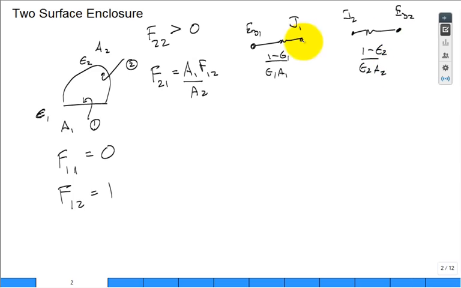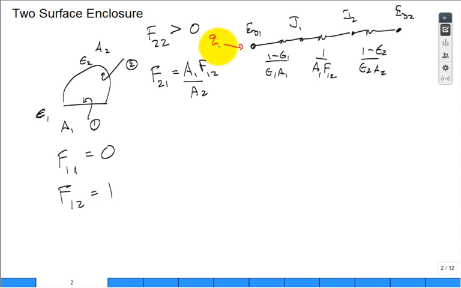And the last one is a geometrical one, how well they see each other. If you didn't have the emissivities, if both surfaces were black, this is the only resistor that would be in the network. It's 1 over AF. It could be 1 over A1 F1 to 2, or 1 over A2 F2 to 1, because by reciprocity, they're the same. It's probably easier to write 1 over A1 F1 to 2. Okay. And then what flows into the network is this Q.